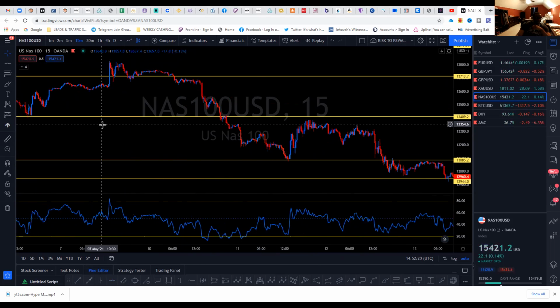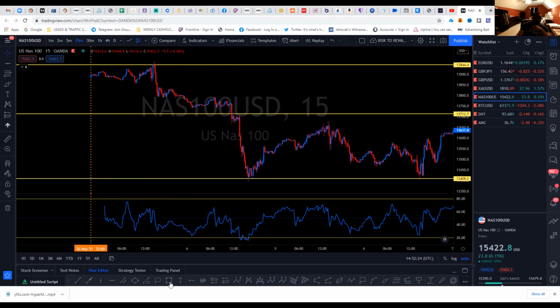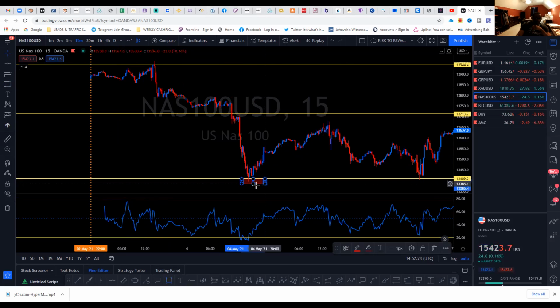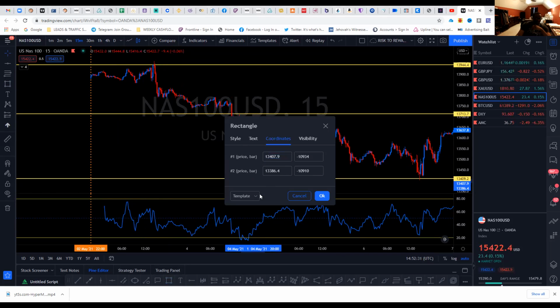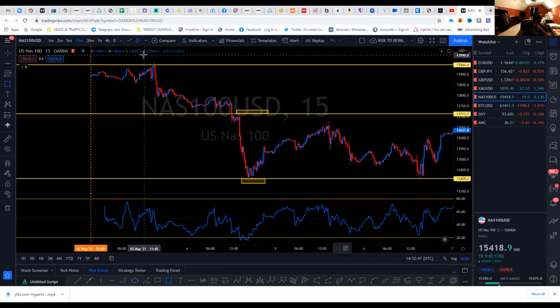So then we take the rectangle tool, we go back. We draw from the body of the candle all the way down to the wick. I'm going to make this yellow. Get to the top here. Try to make these as thin as possible, that way they don't take too much room. I don't like them super big unless it's the very top or the very bottom zone.